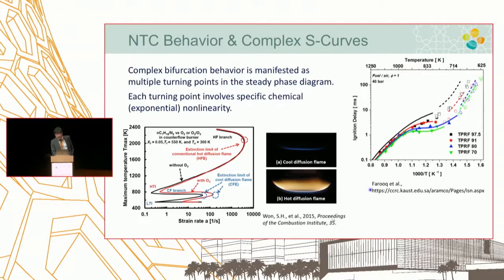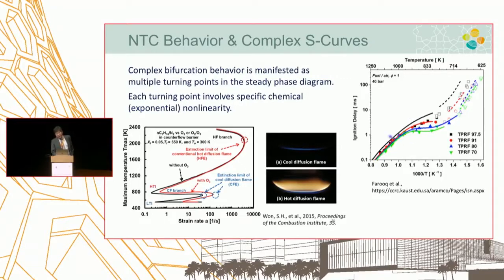When you are dealing with a complex fuel, a typical engine fuel like n-heptane, in the ignition delay time over temperature curve, you find this kind of behavior. It's not a single exponential curve, but there is a certain bend in the curve. It can go to a negative slope, which is literally called NTC, but it doesn't have to be, but there's some kink. And we all know why it is happening.